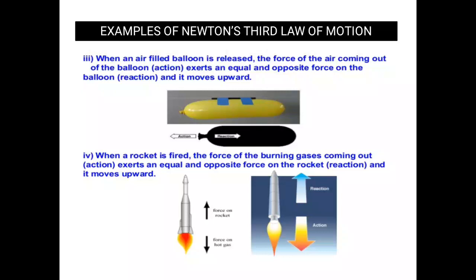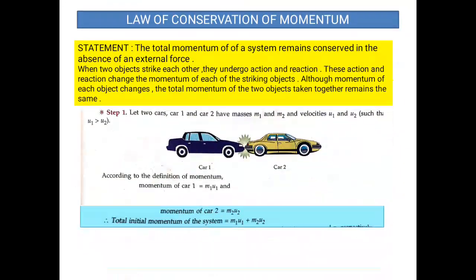In example 3, when an air-filled balloon is released, the force of air coming out of the balloon, that is the action, exerts an equal and opposite force on the balloon, which is the reaction, and it moves upwards. In example 4, when a rocket is fired, the force of burning gases coming out, which is the action, exerts an equal and opposite force on the rocket, which is the reaction, and it moves upwards.